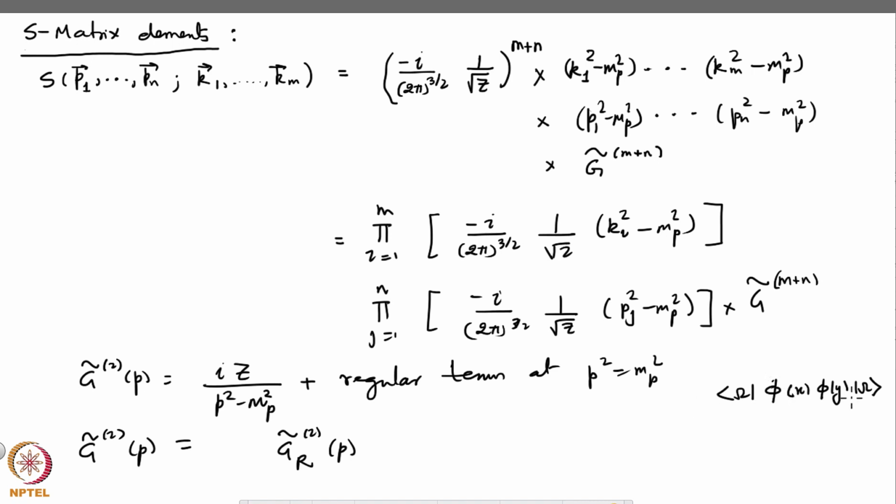The earlier one is defined with bare fields, but this one is constructed out of phi renormalized, and you take the Fourier transform, and that gives you G tilde 2.